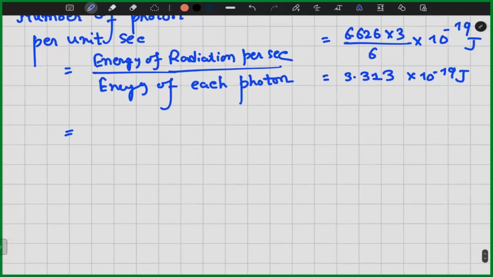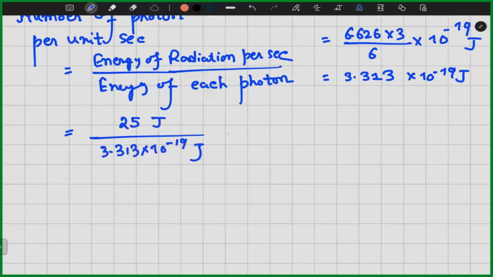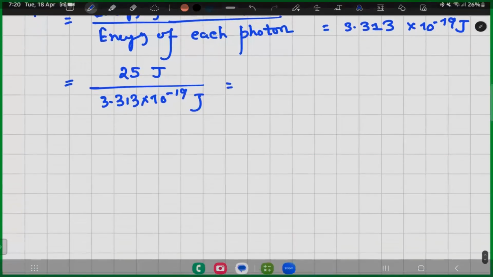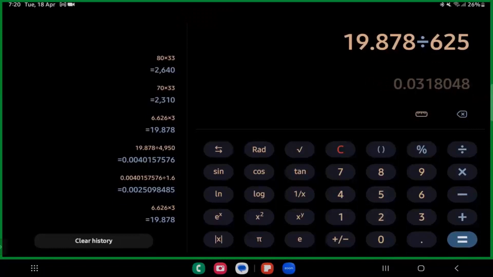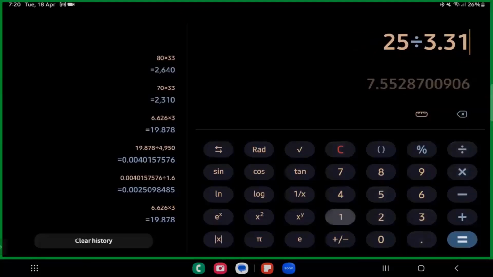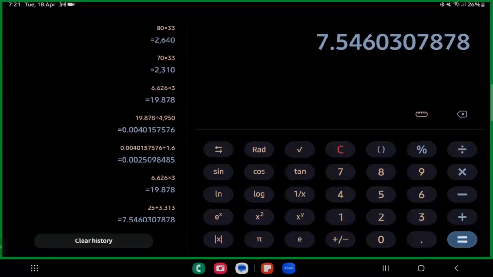This is power. So we can write this. What is given? 25 joule per second, and this is 3.313 into 10 to the power minus 19 joule. So it will be 25 divided by 3.313, which is 7.546.